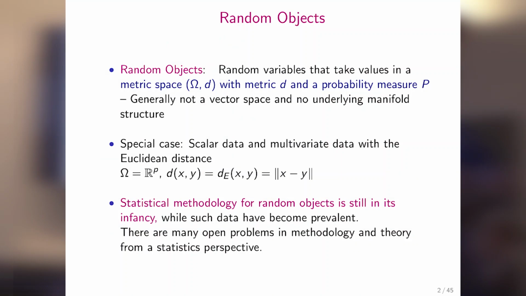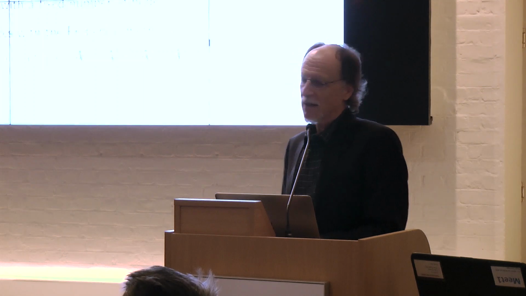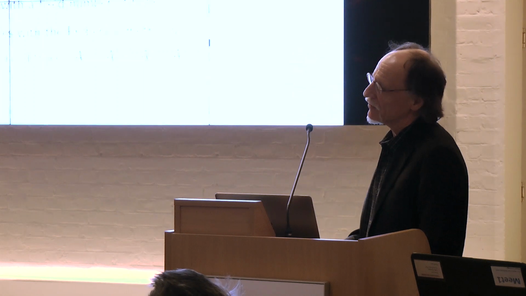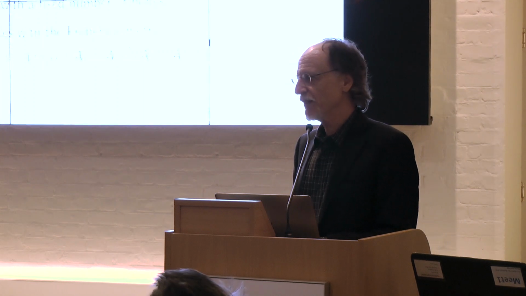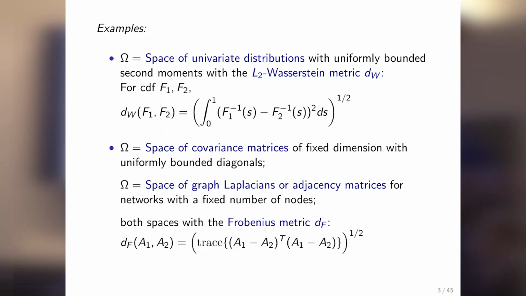So let me give you some examples for random objects. The first one would be random measures, where we can consider, for example, one-dimensional distributions, which are our random objects. In this case, we of course need to discuss also what metric we put on the space of random measures.